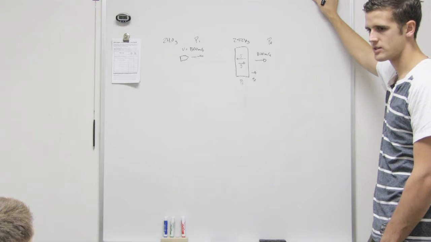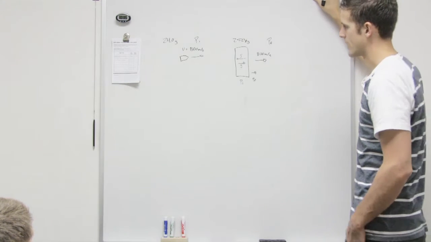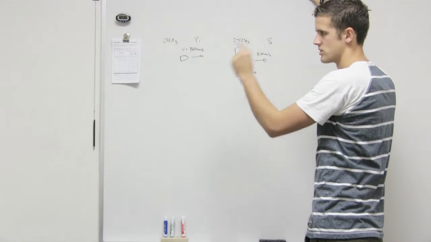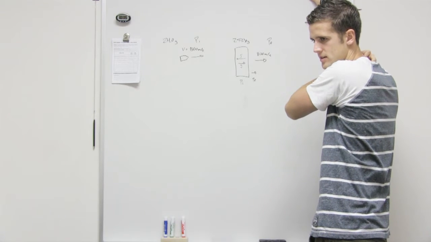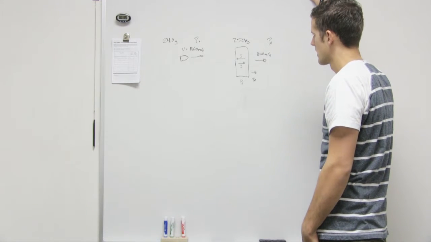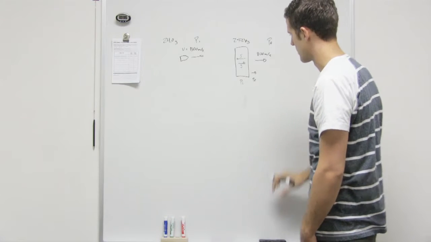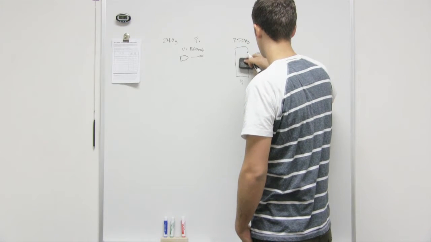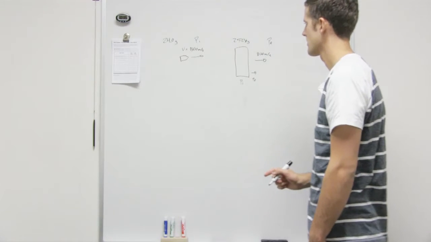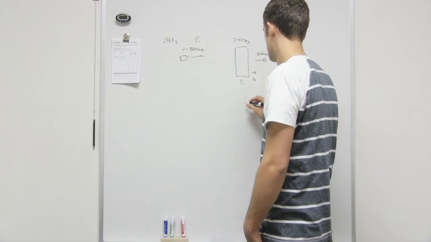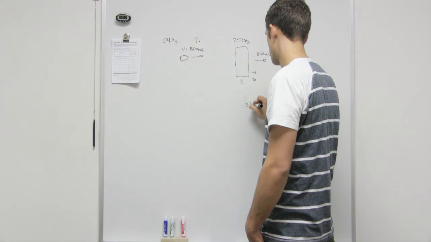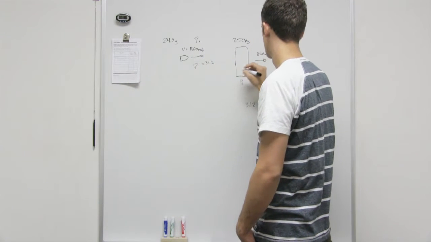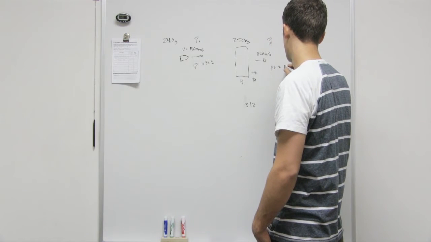So that's actually the other way to do it. You can look at the bullet as an exterior thing causing an impulse, or you can just do all of the momentums together, which might be a little easier. So just ignore the impulses. The initial momentum of the bullet was 31.2, and its final was 19.2.